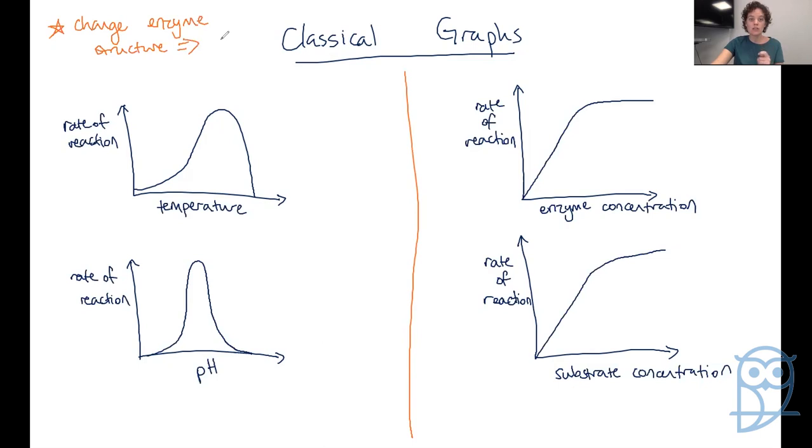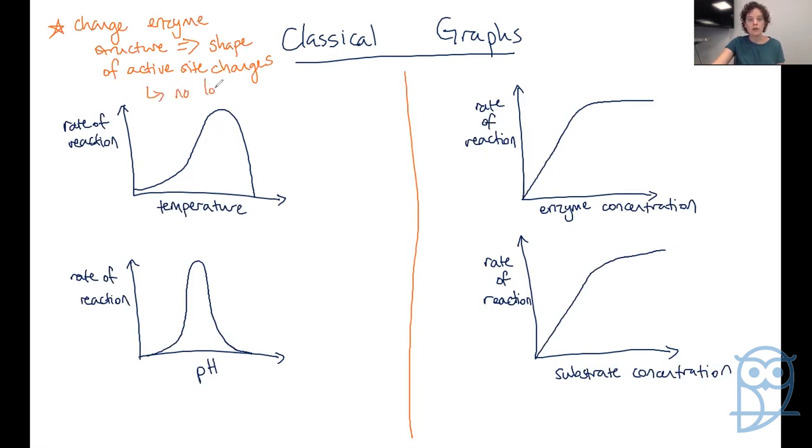So that is your key phrase. And when that shape of that active site changes, you are no longer complementary to the substrate. And if you're not complementary to the substrate, you don't get your reaction catalyzed.